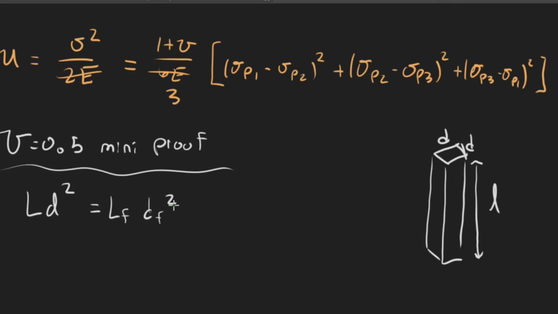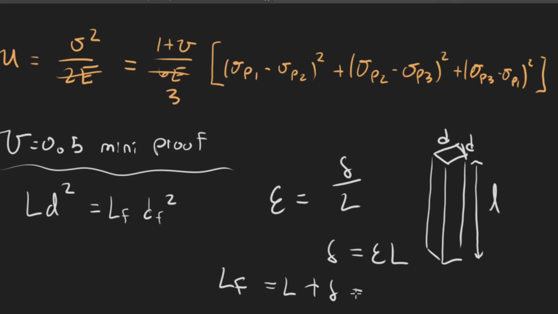Now, if you recall, strain is equal to deformation over length. If we multiply this across, we get that our deformation is equal to epsilon times L. So if we want our final length, we get our initial length plus delta, which is L plus epsilon times L, which is L times (1 plus epsilon).